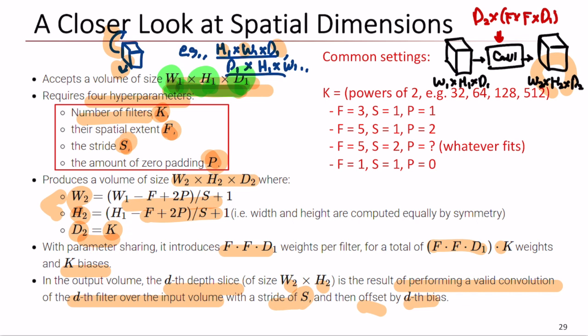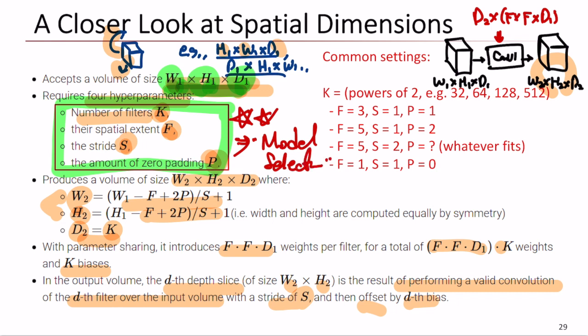It means that if you want to design one convolution layer, you have to tune these hyperparameters. How to tune? How to tune these parameters? Model selection again, that we discussed in the previous lecture. That's another problem. Of course, there are some guidelines, I'll say, to make a better convolutional neural network, but there are no rules.